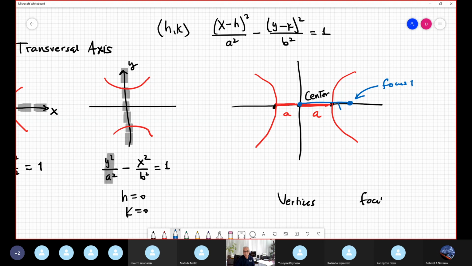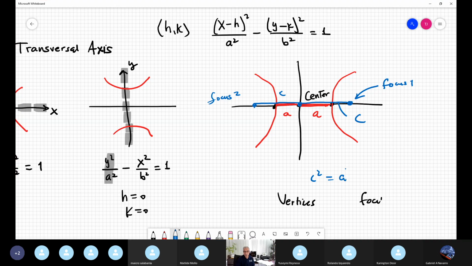And this distance I put in blue color is C. And this distance is also C. It's the other focus, focus 2. It's obvious that C is always bigger than A. Okay? And the formula that states the relationship between A, B, and C is C squared is equal to A squared plus B squared.